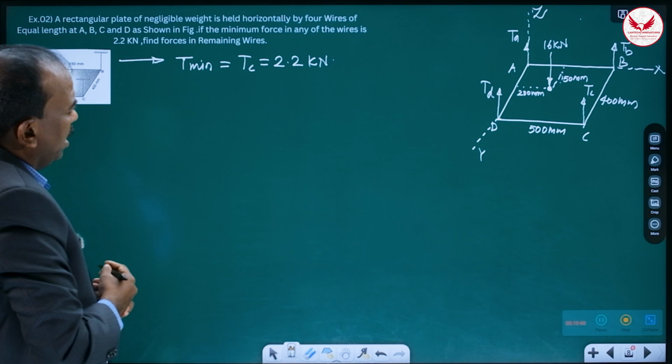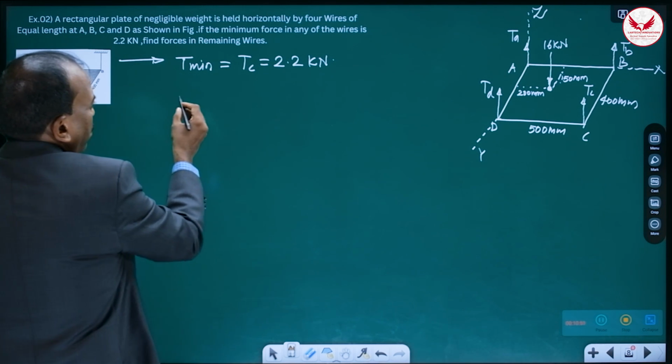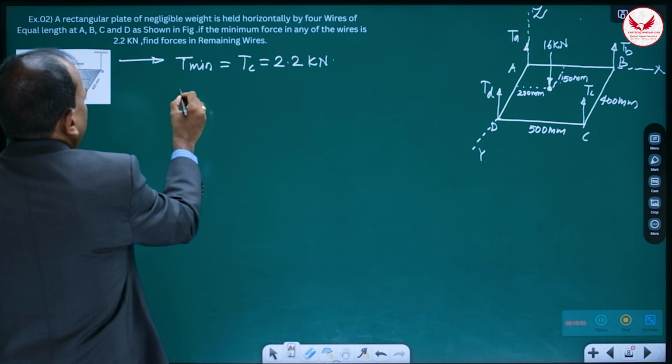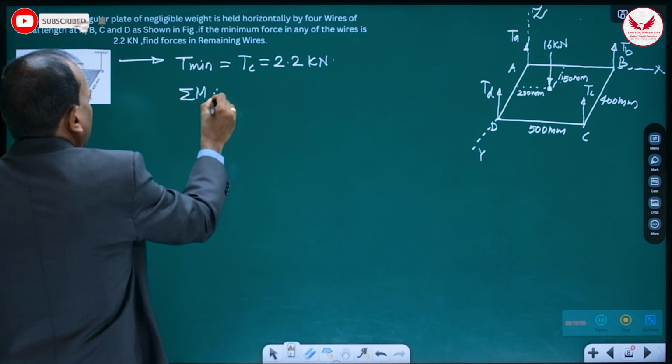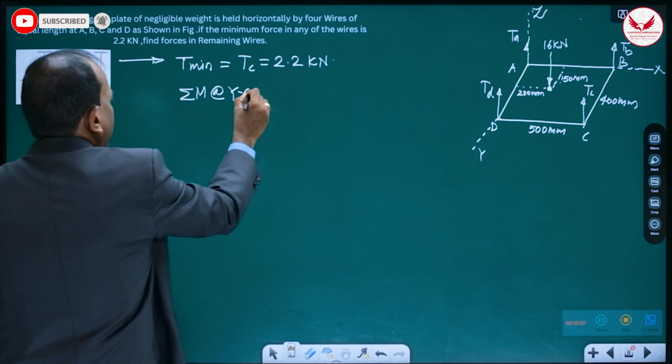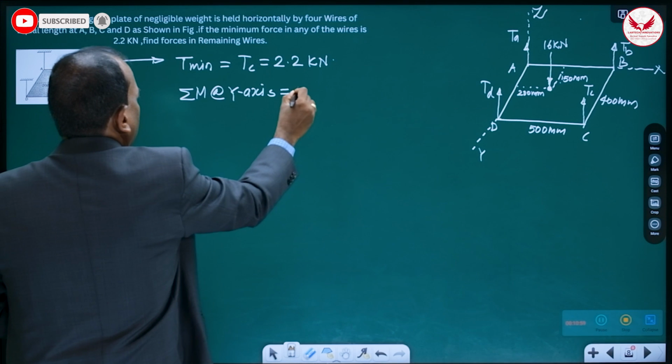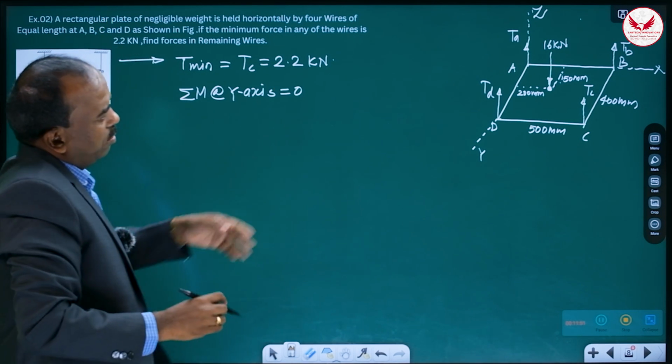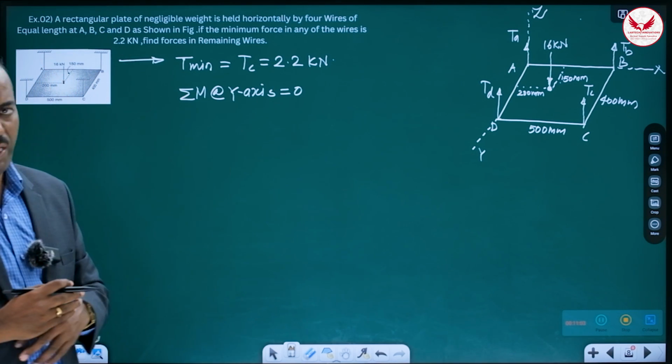Now, here what I'll do, first condition, summation M about y-axis is equal to 0. Why have I taken y-axis? Because 2 unknowns are there on y-axis.